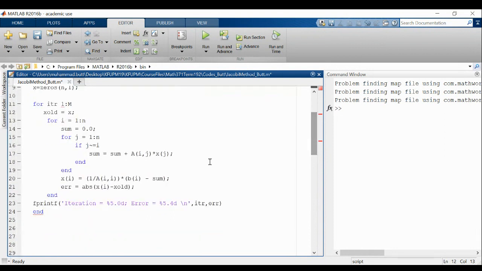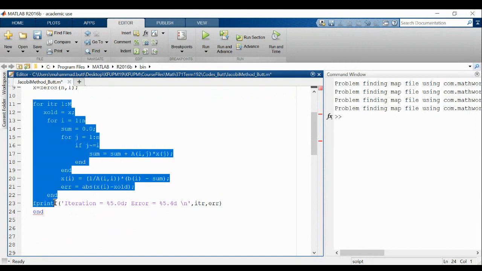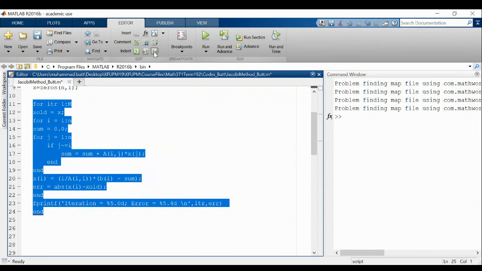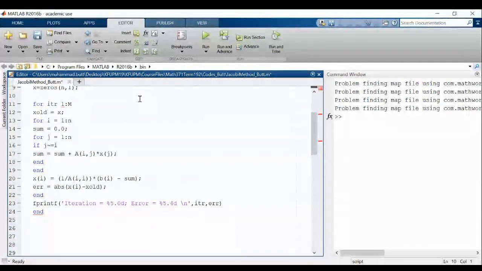This is the main code. Check this if, this for, and this end with this. Or if it is confusing, you just select and move these things to this side. So it is like this, simple.